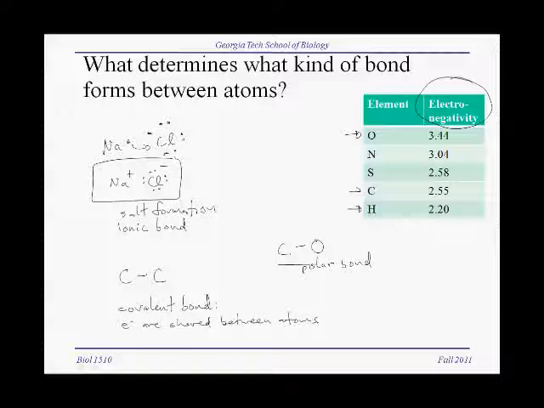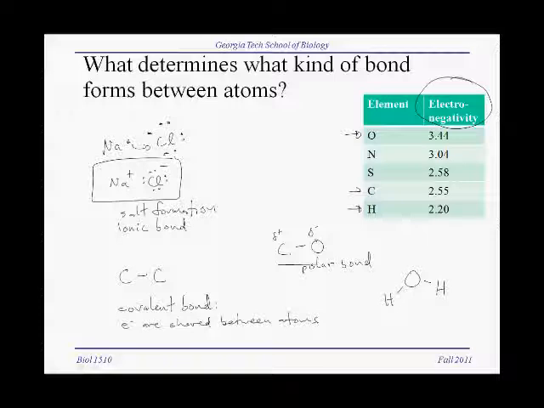Now here, in an even more extreme case, the electrons are spending much more of their time around oxygen, and therefore the oxygen atom has a partial negative charge, and each of these hydrogens has a partial positive charge.